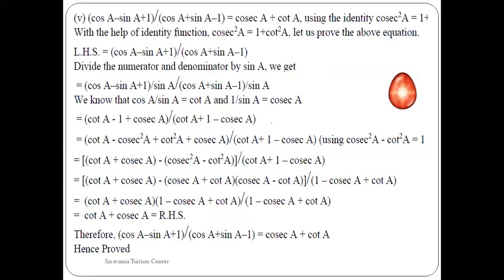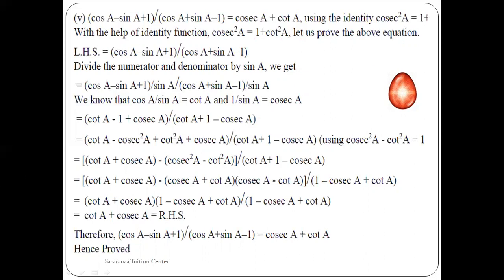Next question. (Cos A minus sin A plus 1) into (cos A plus sin A minus 1) equals cosecant A plus cot A. This sum you have done in an example, using the identity cosecant square A equals 1 plus cot square A. With the help of the identity 1 plus cot square A equals cosecant square A, let's prove the above equation.